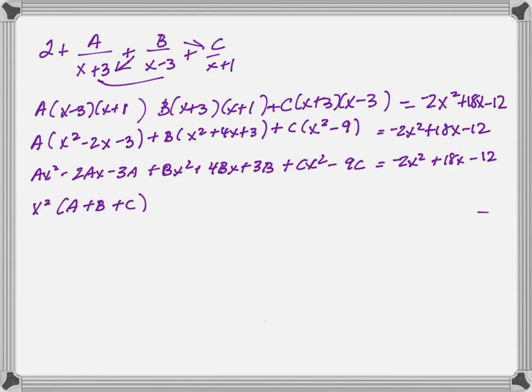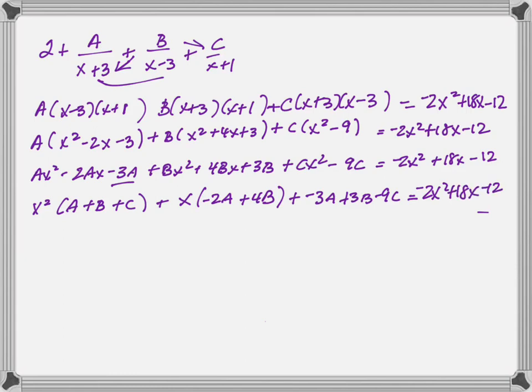And factor out an x, and I get negative 2a plus 4b and no c. And factor out a constant, and you have minus 3a plus 3b minus 9c. And that's equal to the same thing above.